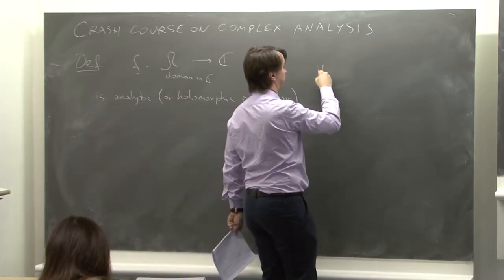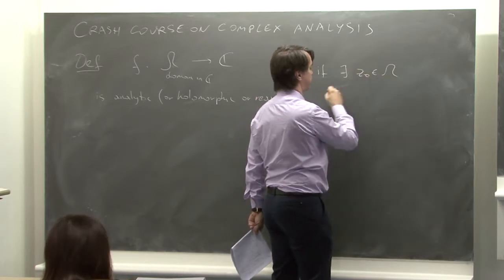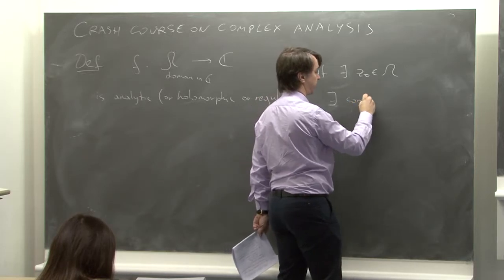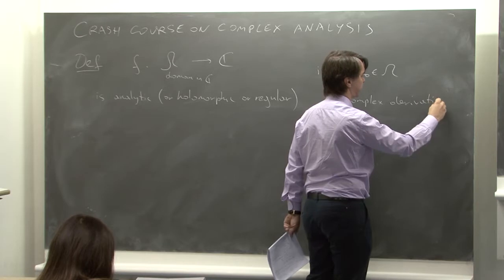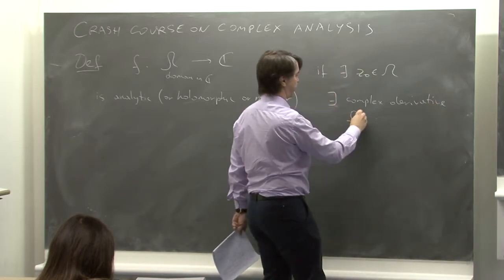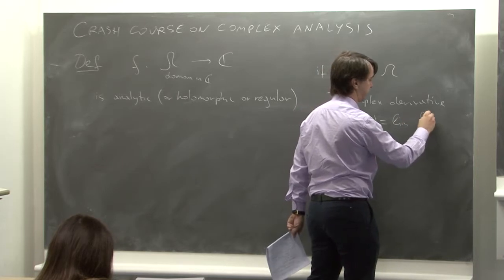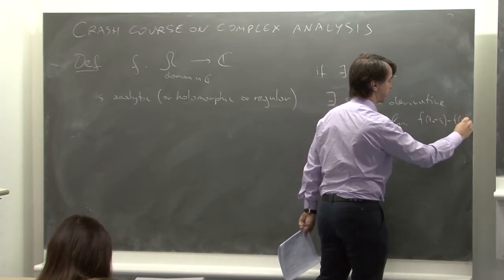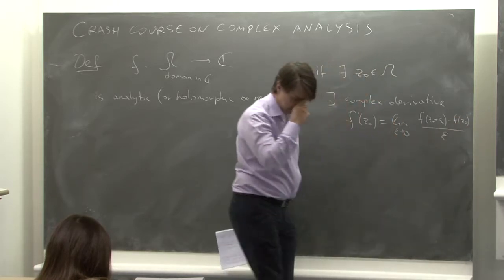If for every z0 in omega, there exists a complex derivative, f prime of z0, which is the limit of f of z0 plus epsilon minus f of z0, over epsilon, as epsilon tends to 0.